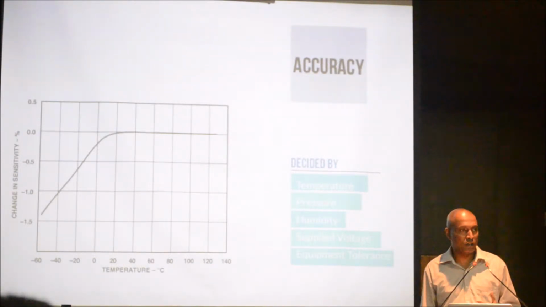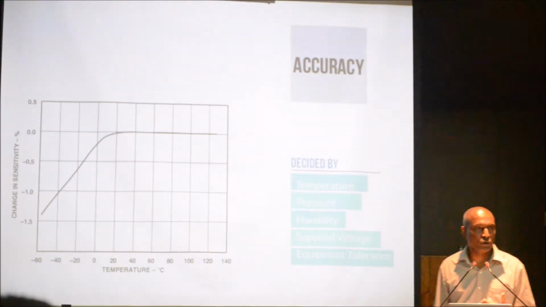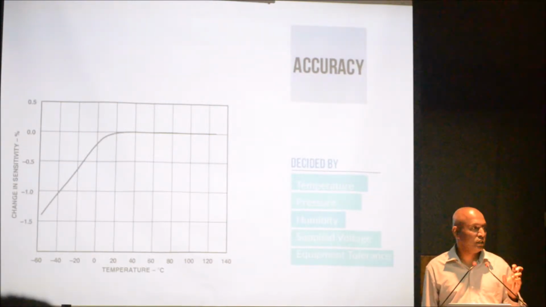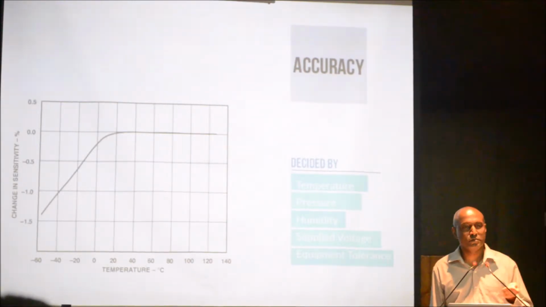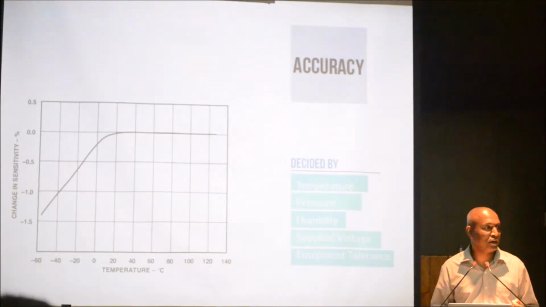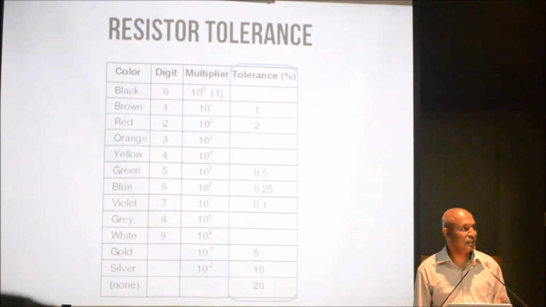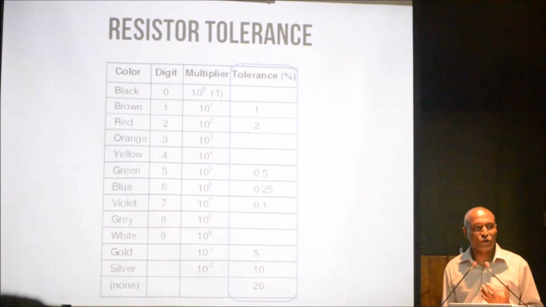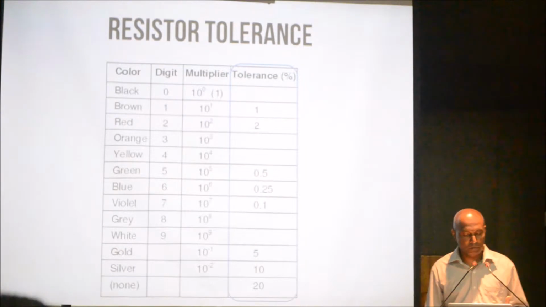And the equipment tolerance is also important, where a sensor is made of some small components, and those components have their own tolerance. For example, resistors have different tolerances, maybe 20% sometimes, or maybe 0.1%.